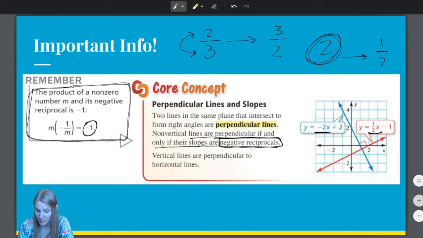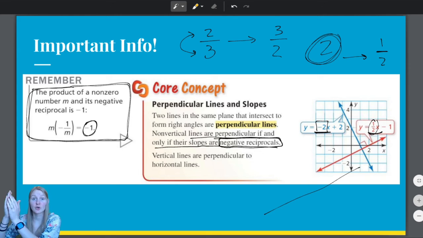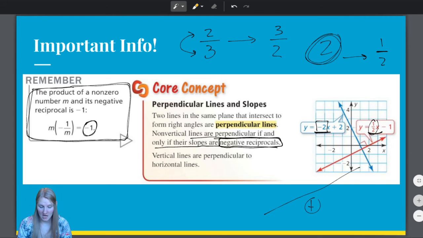So the reciprocal of 2 is 1/2, and notice that the 2 is negative, so the other one needs to be positive. And that makes sense because remember that if a slope rises from left to right, it means that we have a positive slope. If the slope is falling from left to right, it means we have a negative slope.